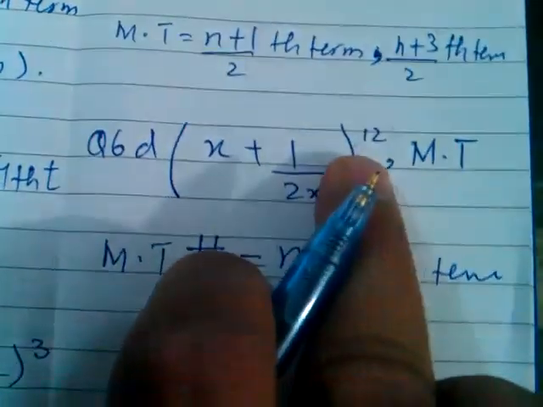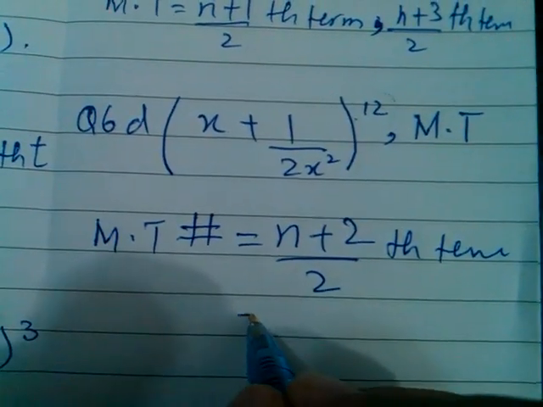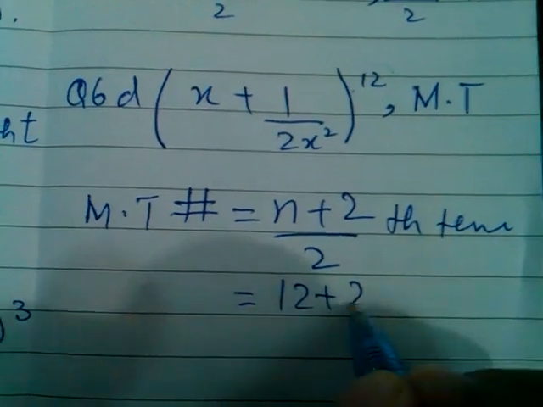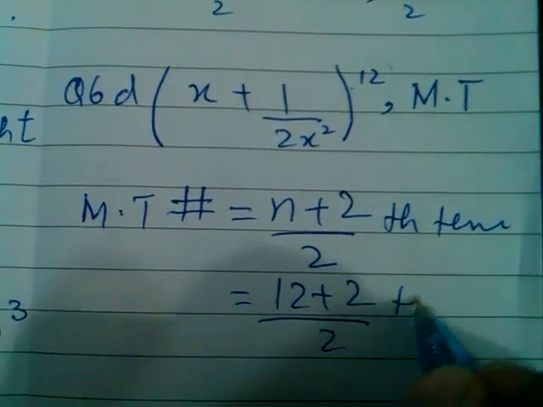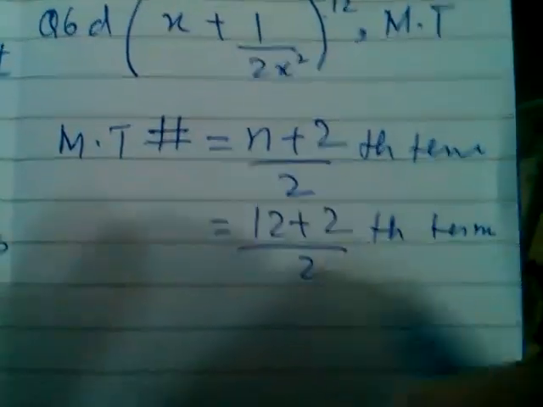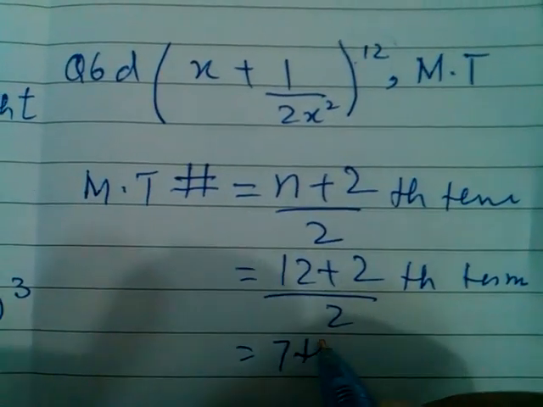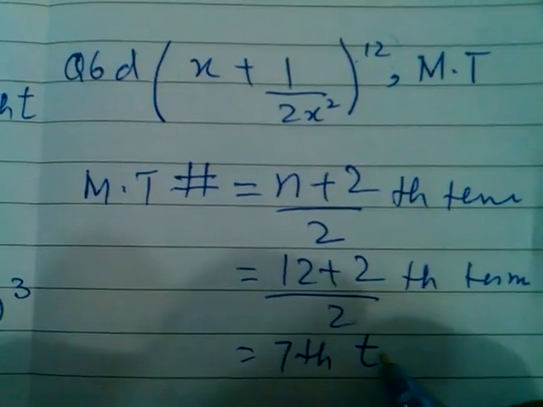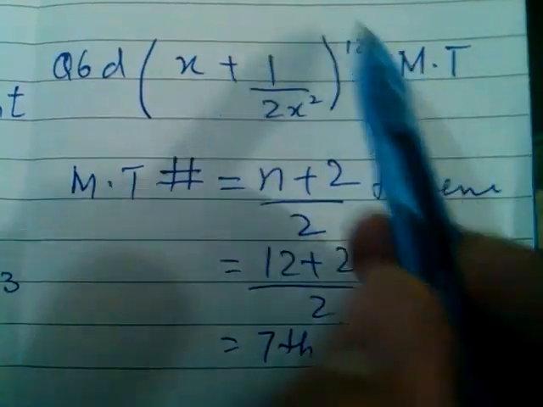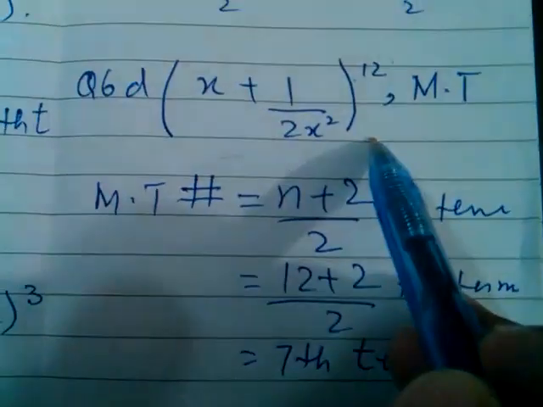What is my n over here? You can see n is 12. So (12 plus 2) over 2 th term. 12 plus 2 is 14, so I have to find the 7th term. The 7th term in this expansion will be the middle term.